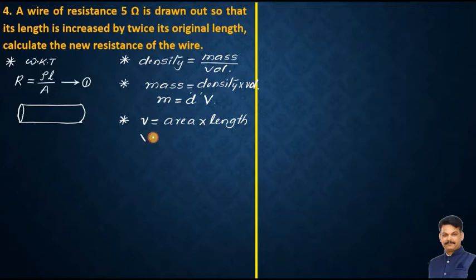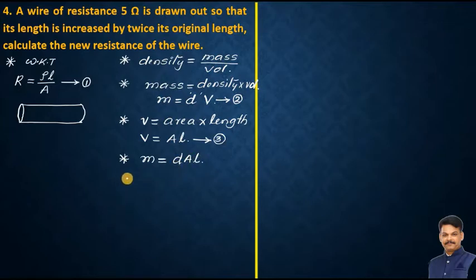Therefore here V is nothing but A into L. Hence if I modify this for mass, then what happens here? If I substitute this equation, suppose this is equation 2 and this is 3, if I substitute 3 in 2, then I get M is equal to density into area into length.